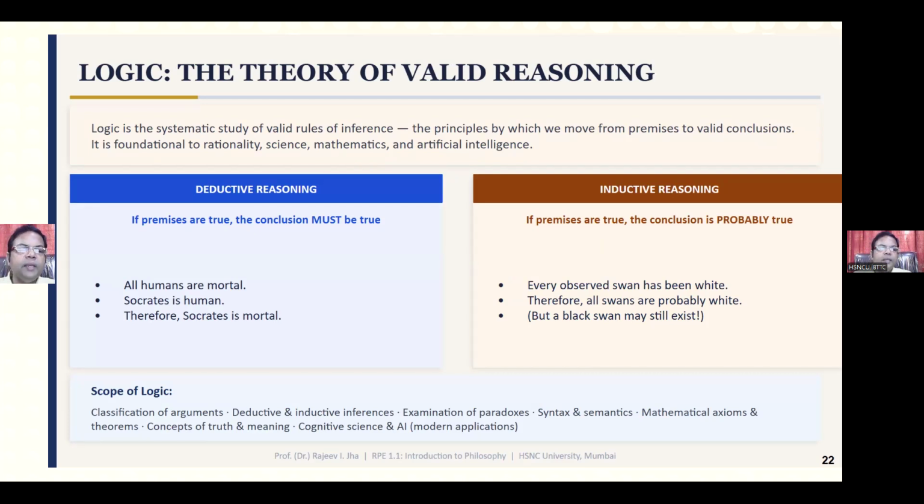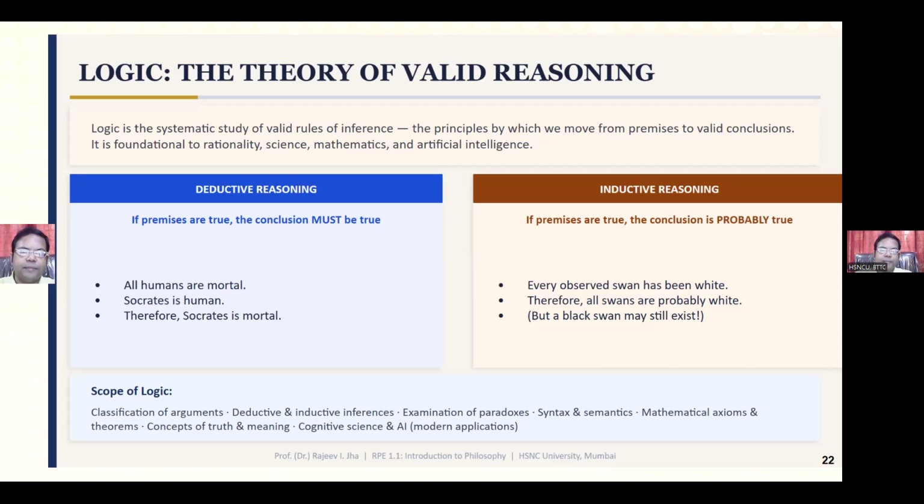With logic, they become arguments that can be examined, validated, or refuted. Logic studies the rules of valid inference, the principles by which we move from premises to conclusions. At its most basic, if the premises are true and the argument is valid, the conclusion must be true.